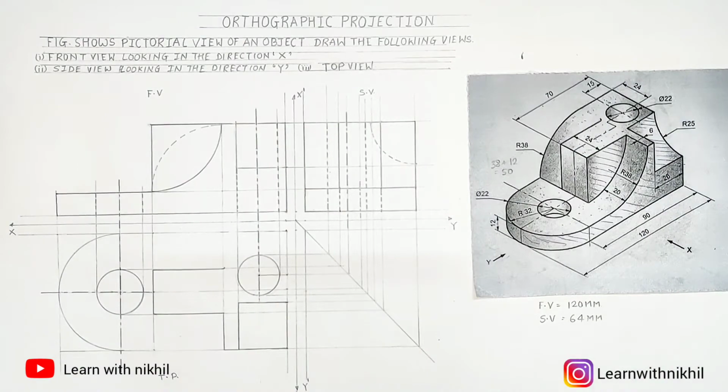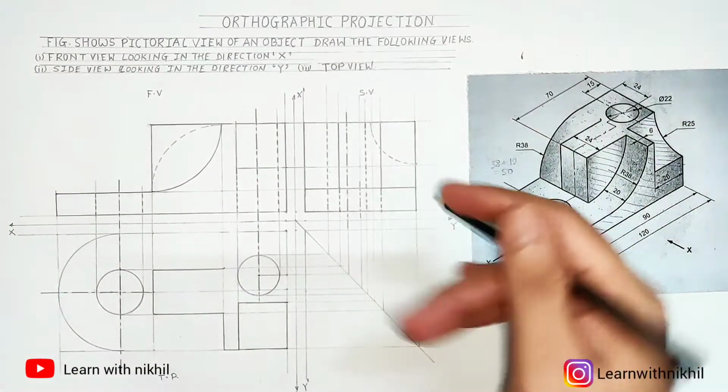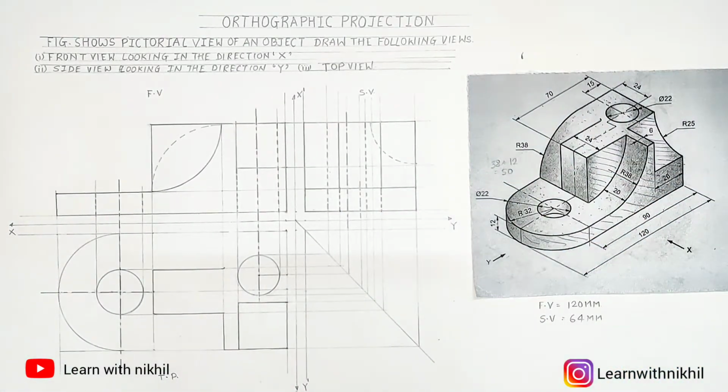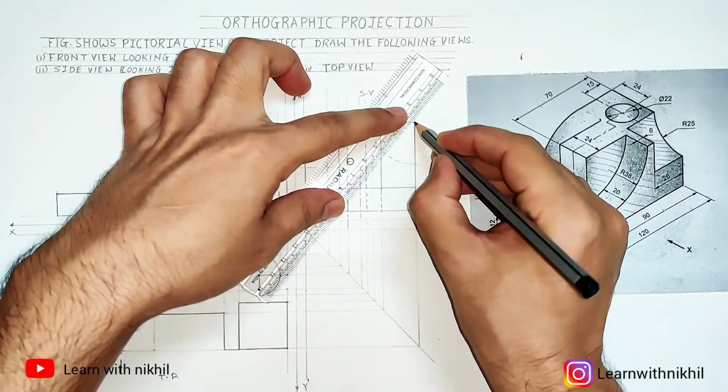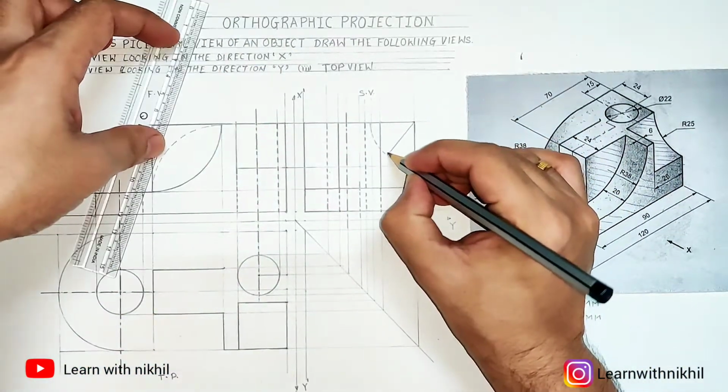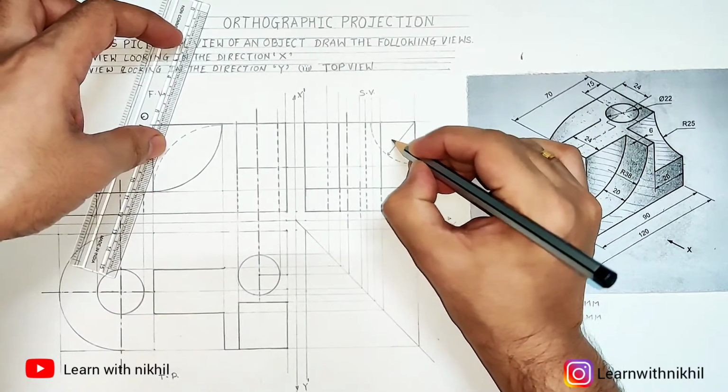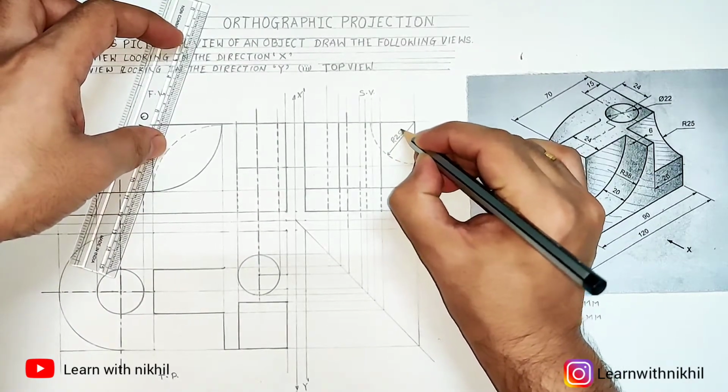Now we are done with the views, just marking of the dimensions is remaining. As I have mentioned earlier, proper dimension marking has 20% of your total marks, so do it properly.